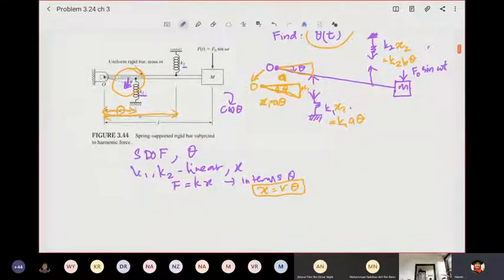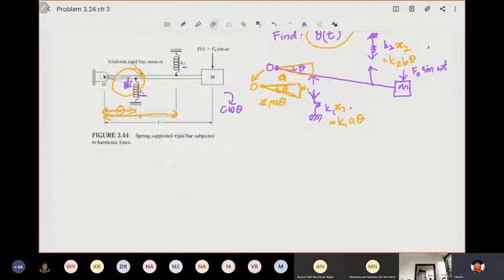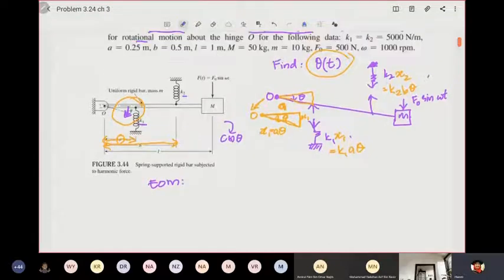So let me just erase this part here maybe. Then we take a look at the EOM. For this case, we're going to write the mass and all these forces in terms of moments.